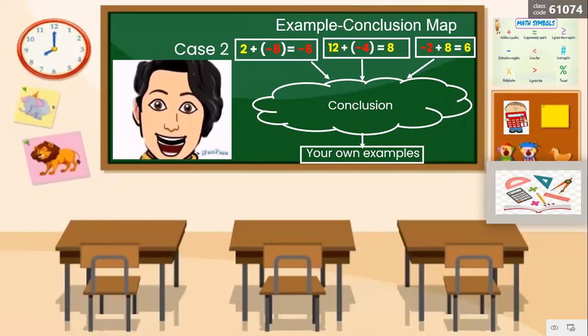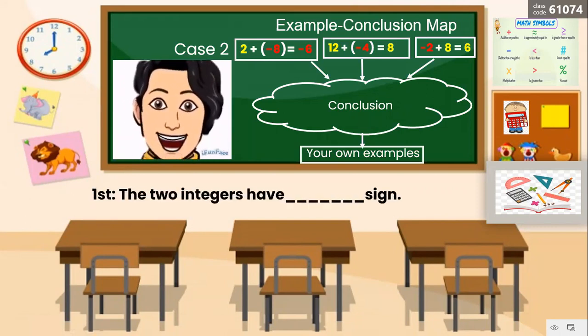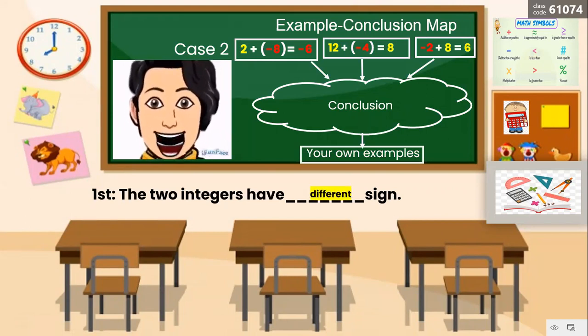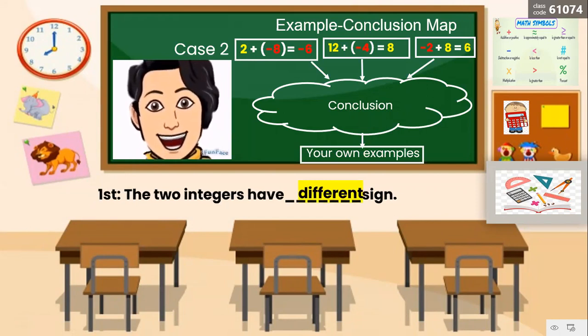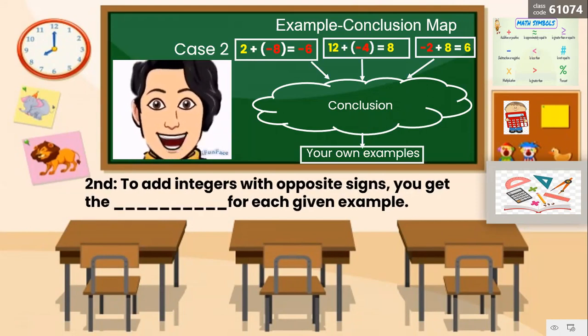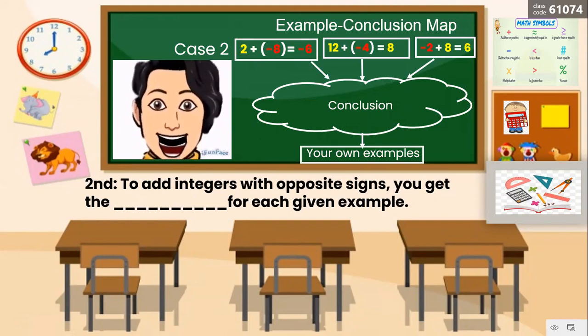Are you ready? Okay, so first, the two integers have blank sign. What is the missing word? Anyone? Okay, very good. That is correct. Different. Second, be ready. To add integers with different signs or opposite signs, you get the blank for each given example.